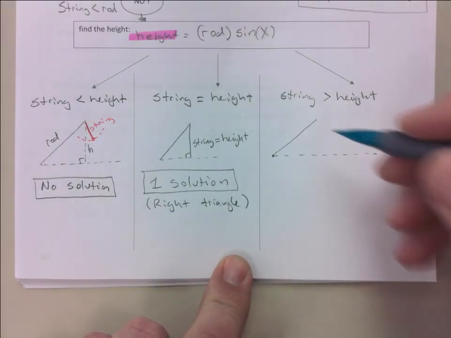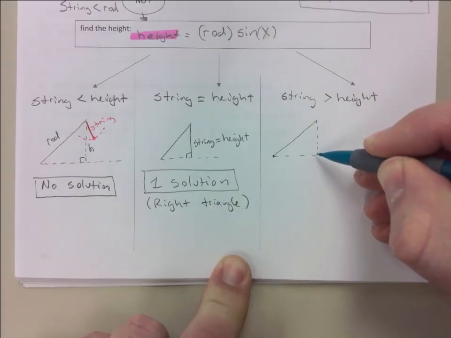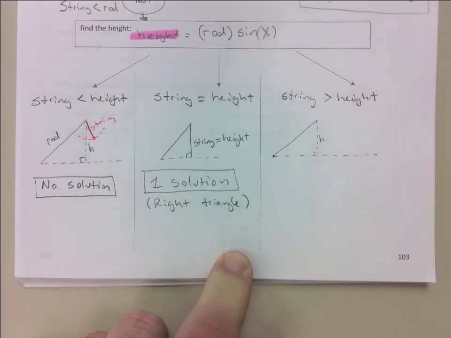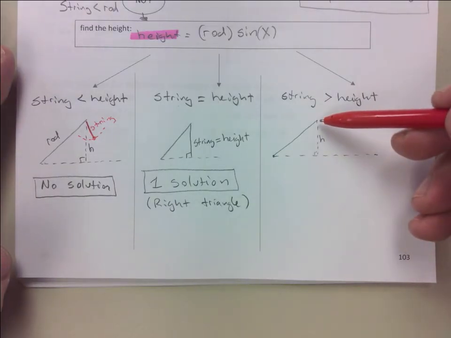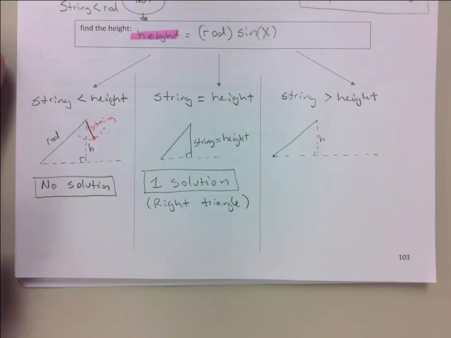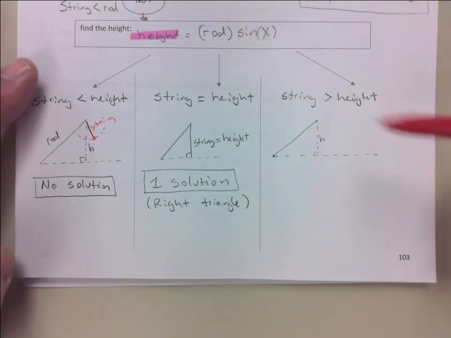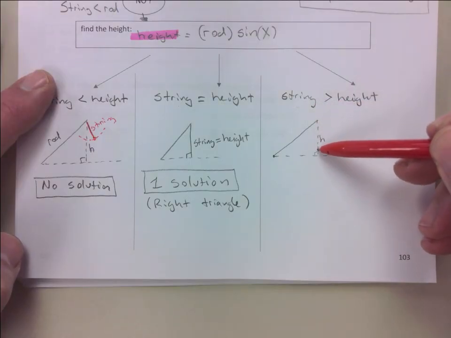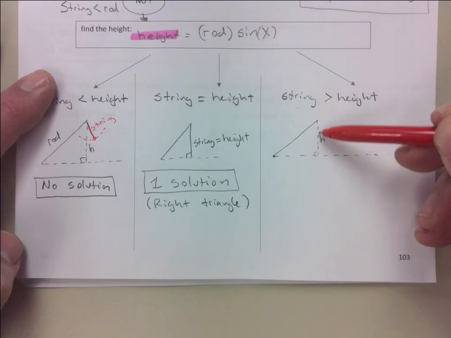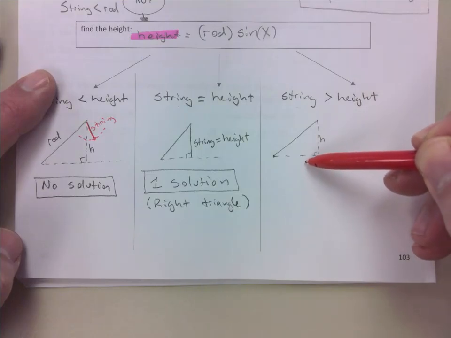You still have the height going on here. You have to understand what's happening: this string is longer than the actual height of this resulting triangle. It's longer, so it's going to swing over here.